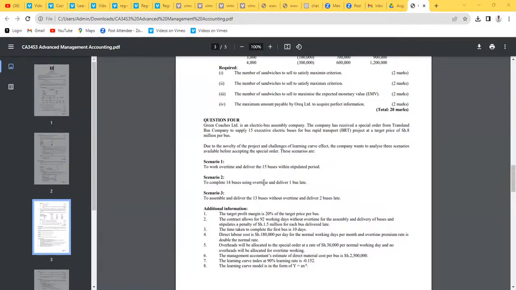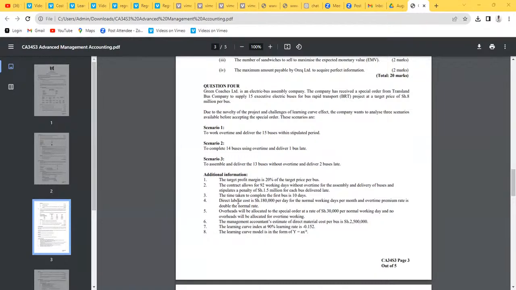So let's look at the consequences. Number 1, the target profit margin is 20% of the target price per bus. The contract allows for 92 working days without overtime for assembly and delivery of buses and stipulates a penalty of 1.5 million for each bus delivered late.